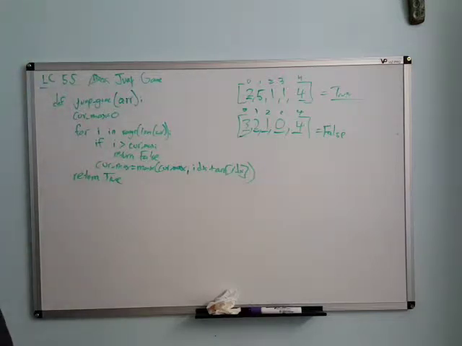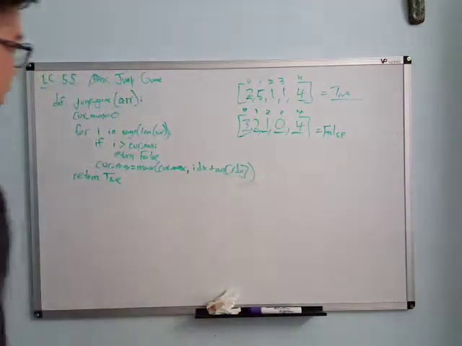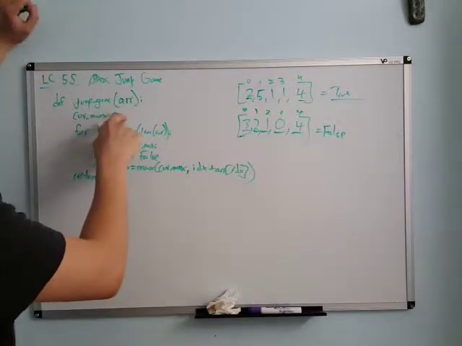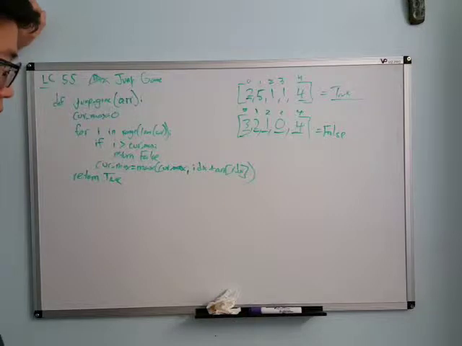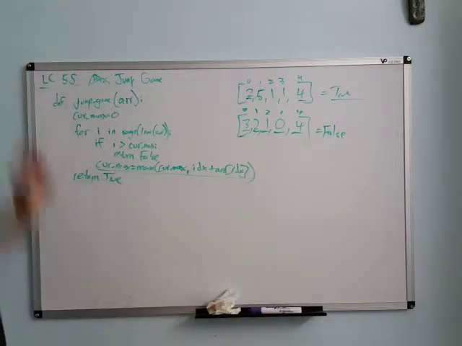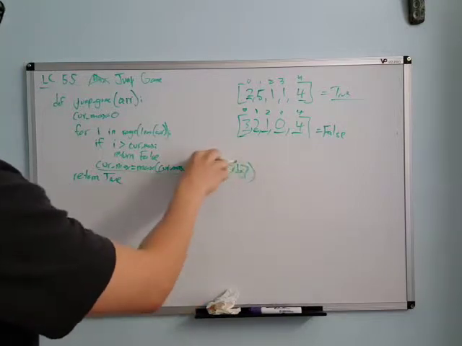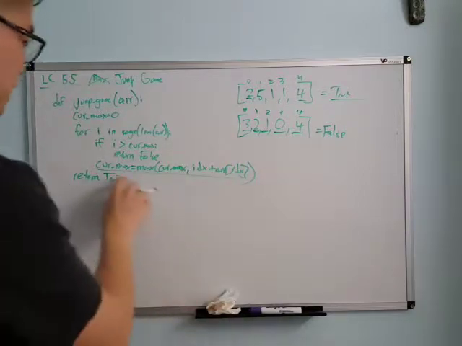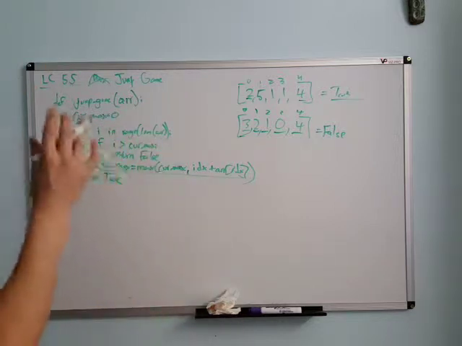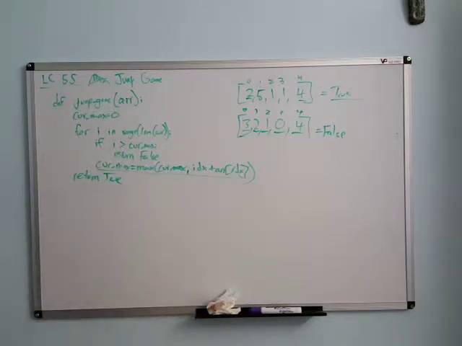So the idea here, I'm just going to go fast because I explained this before, is to maintain a max variable, and this is really the key part of this algorithm. This is actually one of the only things I came up with when I first saw this, and I had trouble putting it all together.